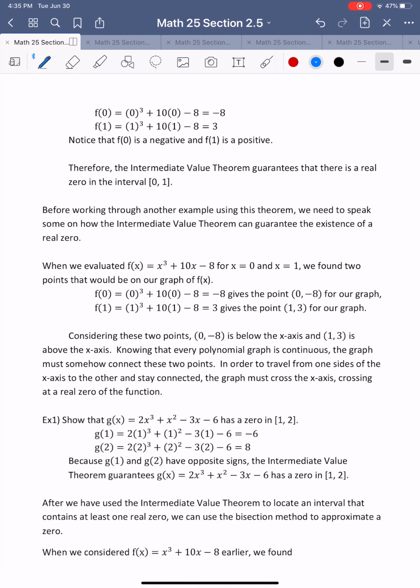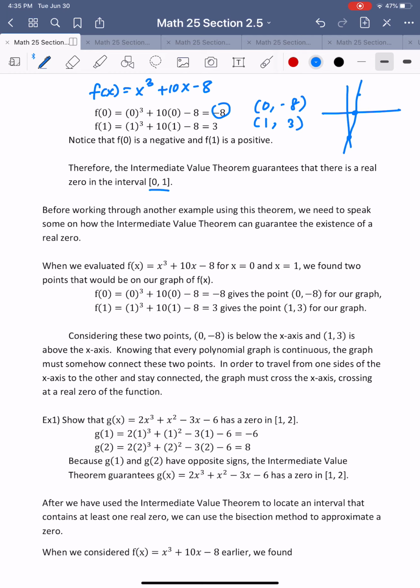If you plug in 0, it equals negative 8, and if you plug in 1, it becomes 3. So we have the points 0, negative 8 and 1, 3. In order to connect these, somewhere the graph crosses zero. Therefore, the intermediate value theorem guarantees that there is a real zero in the interval 0, 1.